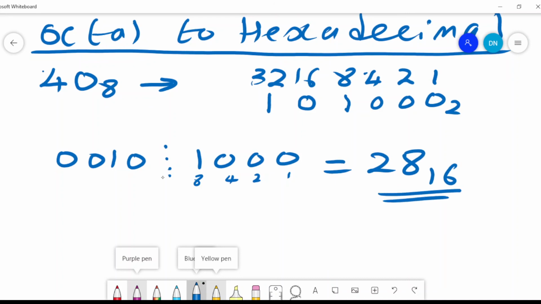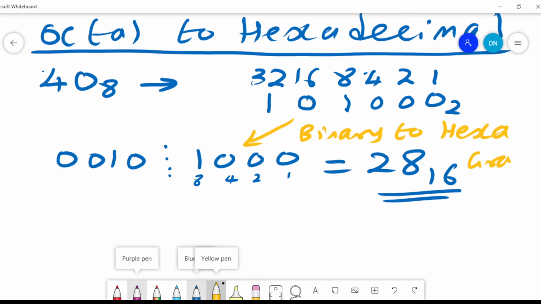You remember, for you to go from binary to hexa, you have groups of 4. And from octal, it is octal to binary, and then from binary to hexa.